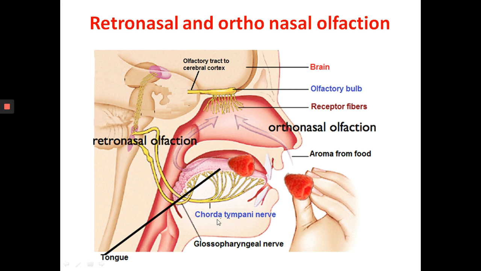The nerves, the chorda tympani nerve as well as the glossopharyngeal nerve, go to the retronasal pathway to the central nervous system. When the smell is taken into the nose, the chemicals enter the nose through the air. The receptors there are stimulated. It reaches the olfactory bulb, from there to the olfactory tract to the cerebral cortex. So these two pathways are used in sensing the smell of food material.